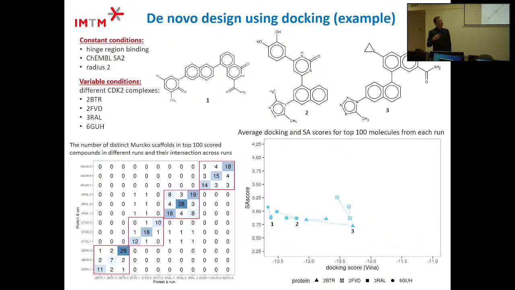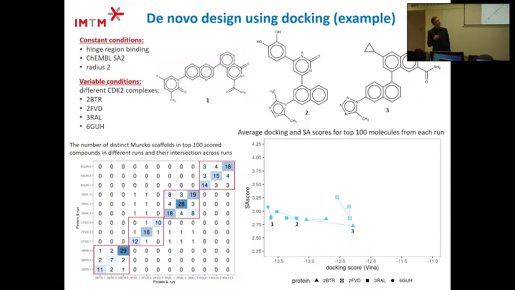Next, we also wanted to understand, does it make sense to use for de novo design multiple structures of a protein sampled from MD simulations? And we chose 4 different structures of the CDK2 receptor in complex with 4 different ligands. And we again repeated this de novo generation and analyzed the output.